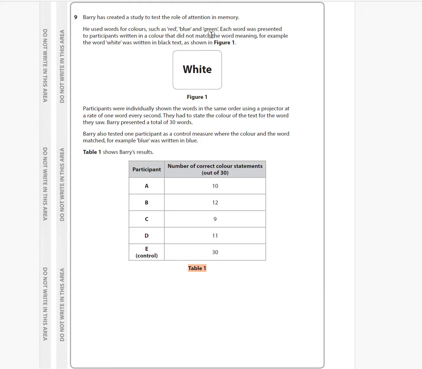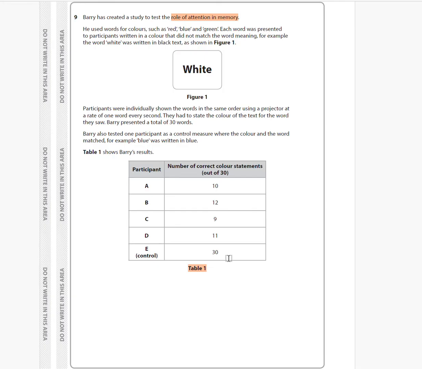So again, just having a quick look here, he is testing the role of attention in memory. He's using colours for words. Participants were shown the words in the same order. It's basically saying, what did he find? So again, here, the number of correct colour statements out of 30. Well, straight away, the control group got 30 out of 30. That's what we would expect, isn't it?